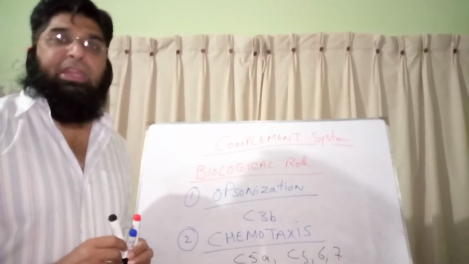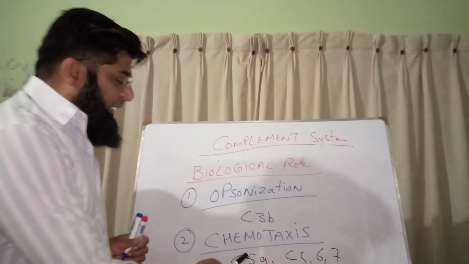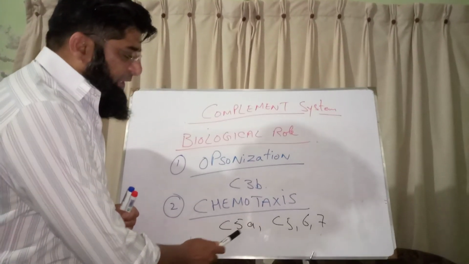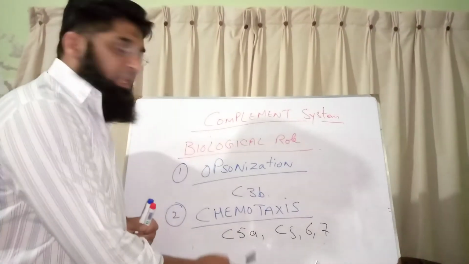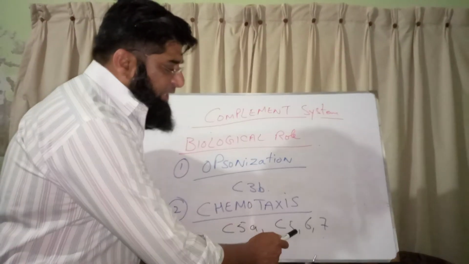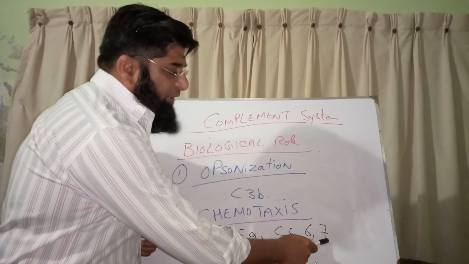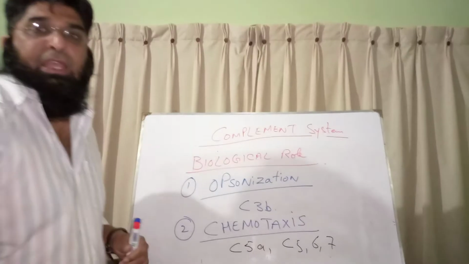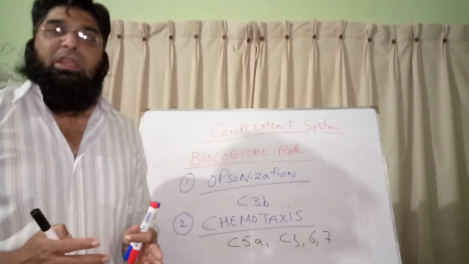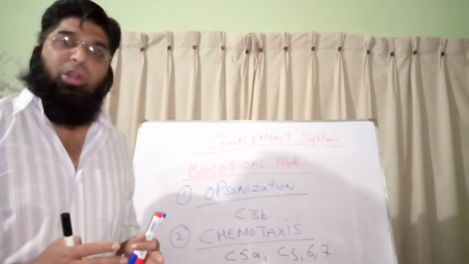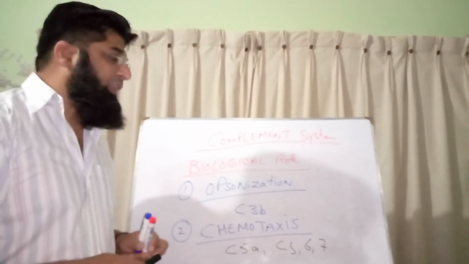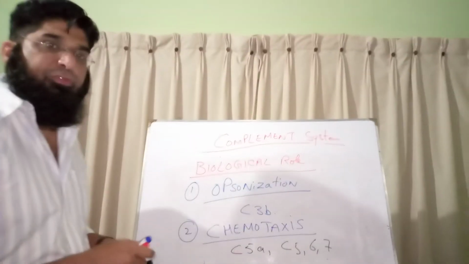I repeat in other words that the C5a complement protein and the combination of C5, 6, 7 proteins cause recruitment, or they attract neutrophils at the site of injury.